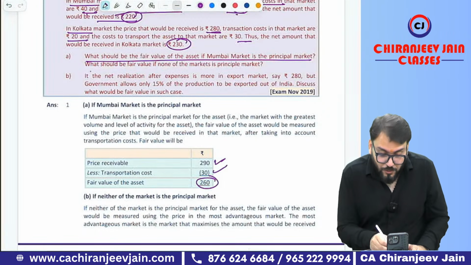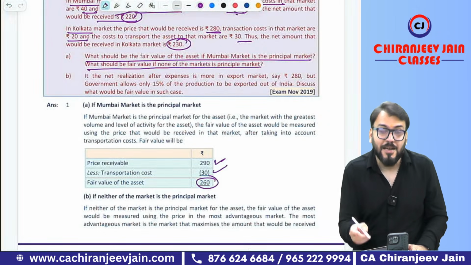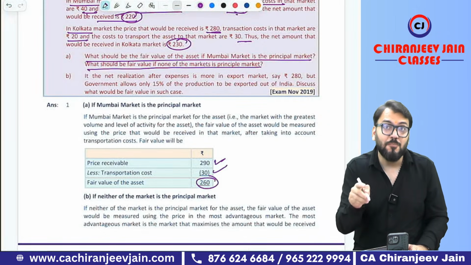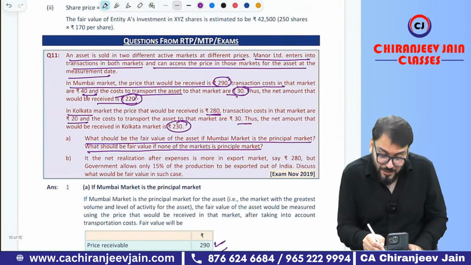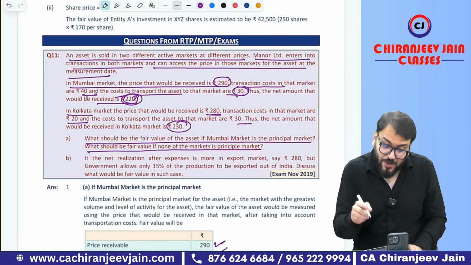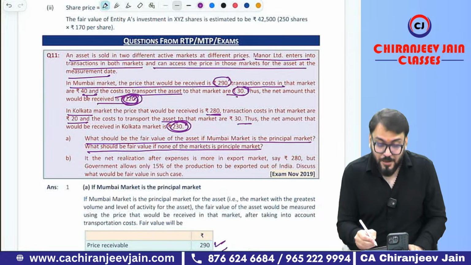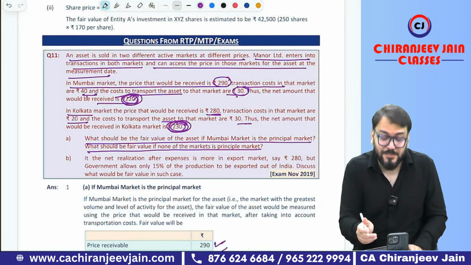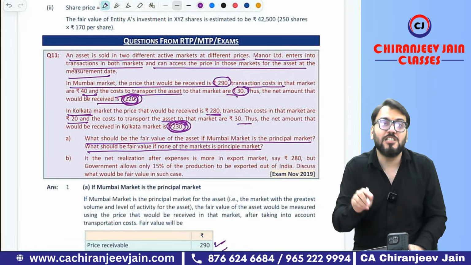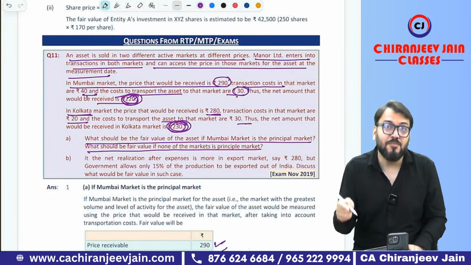Understood? Then the second question: what should be the fair value if none of the markets is the principal market? In that case you need to first identify the most advantageous market. For that you need to find out the most advantageous price, and for that you should deduct both. So we compare 220 with 230, and 230 becomes the most advantageous price, and therefore Kolkata becomes the most advantageous market. Now if Kolkata is the most advantageous market, what is the fair value?